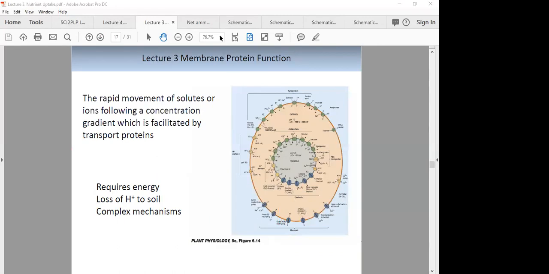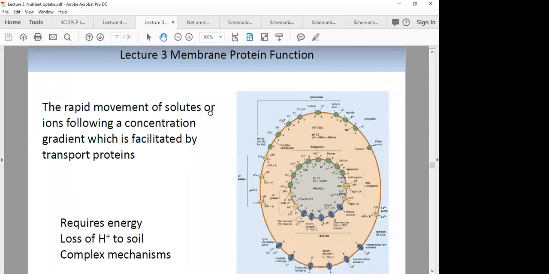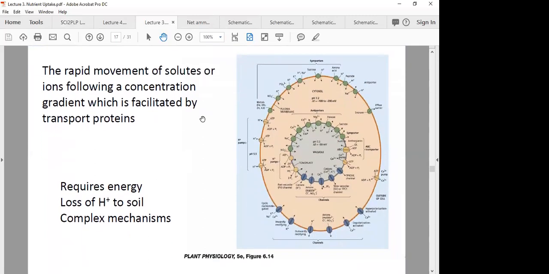Now, I'll just enlarge this a little bit. Can I move it? Yes. Just move that out of the way a bit. All right, so here we can get a good look at the different types of transport proteins.